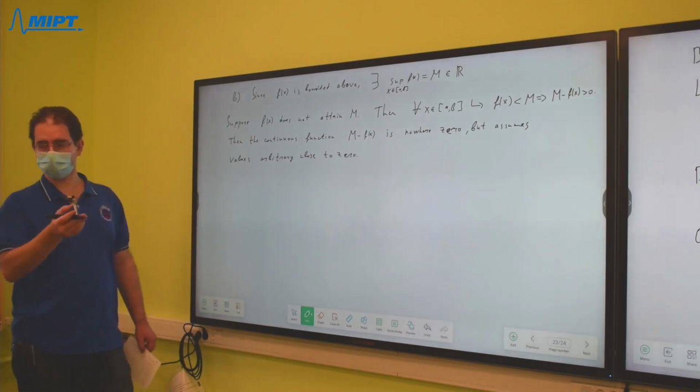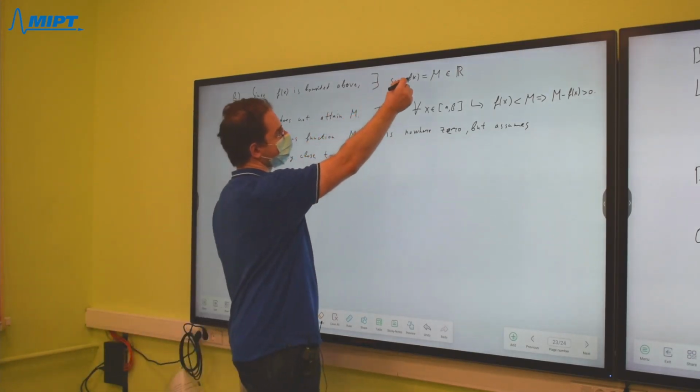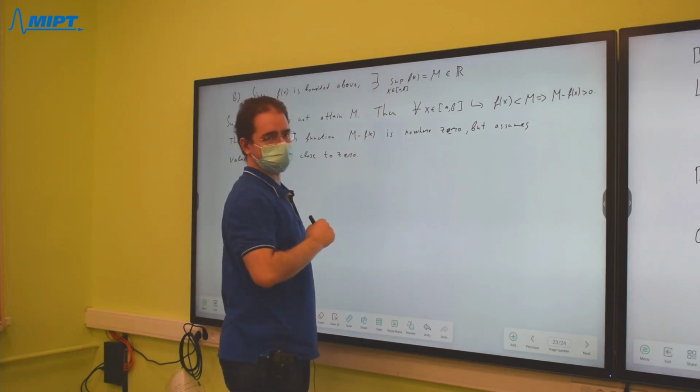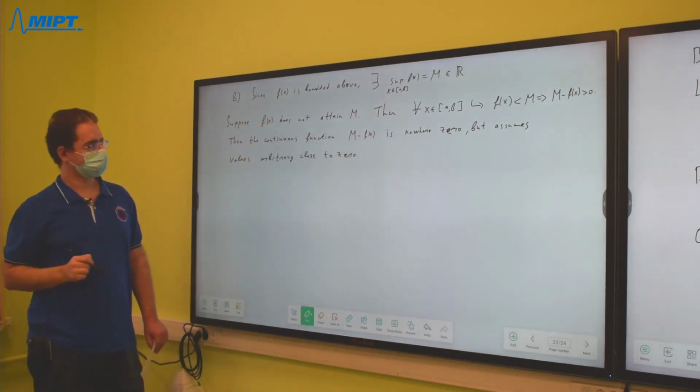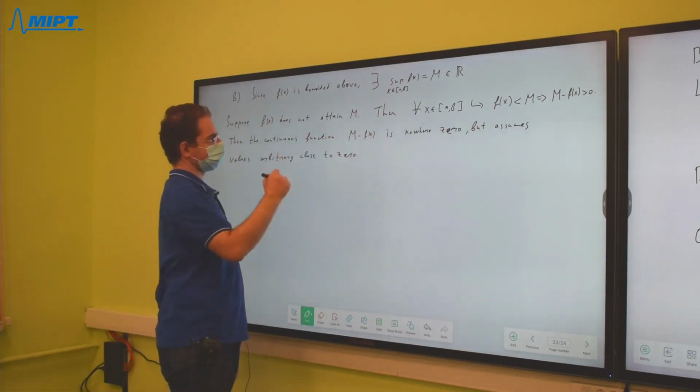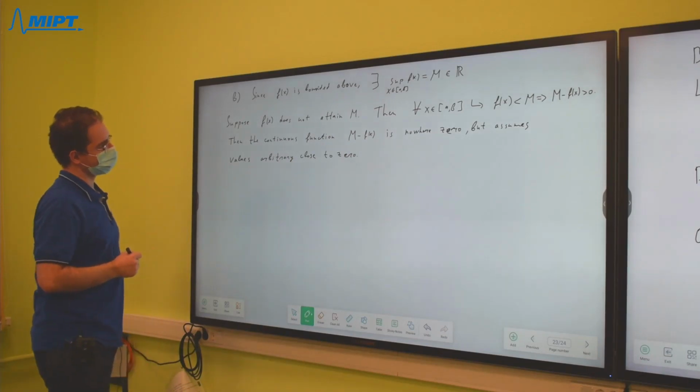From the definition of supremum, my function f should assume values arbitrarily close to this capital M. So this function should assume values arbitrarily close to 0.